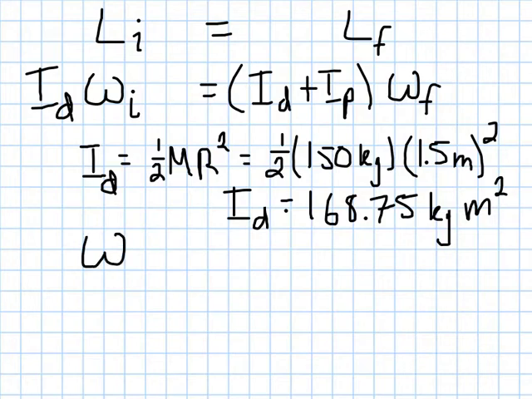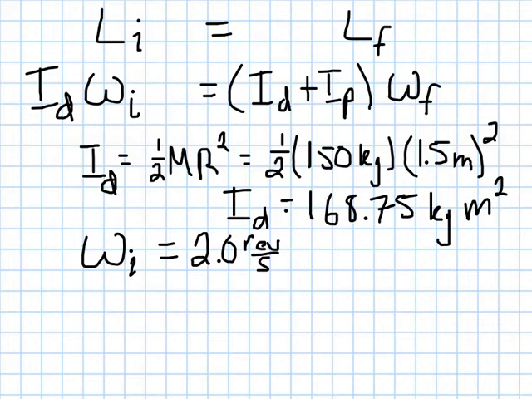Now, the initial angular speed, we were told it was 2.0 revolutions per second. Now, it's going to turn out that we could leave this speed in terms of revolutions per second, but our standard unit for angular speed is radians per second, and just for practice, I'm going to go ahead and convert this.